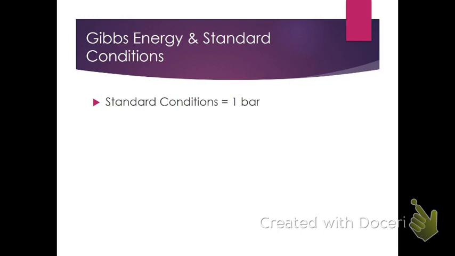It is important that when you look values up in the back of the book, say the Gibbs energy of formation, delta G sub f, those tabulated values are for standard conditions. Remember that the superscript means we're talking about standard conditions, and so they really only apply to standard conditions.